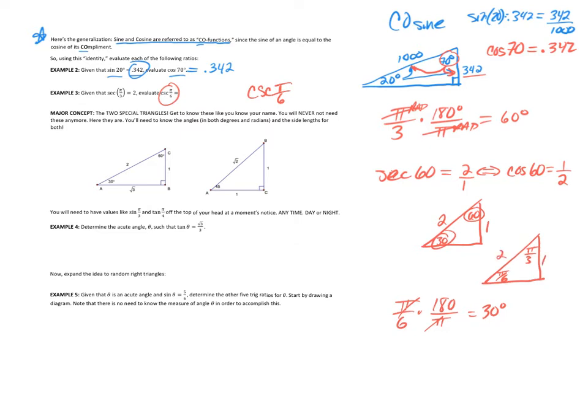And sure enough, the cosecant of pi over 6, which is what we're being asked about, that's the reciprocal of the sine. Sine of pi over 6 is the opposite over hypotenuse. So, of course, the cosecant of pi over 6 would be the hypotenuse over the opposite. So those two things are equivalent, and we can say that the cosecant of pi over 6 is the same as the secant of pi over 3. And since this was 2.